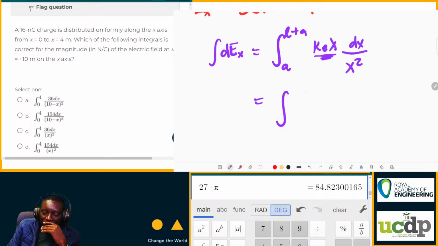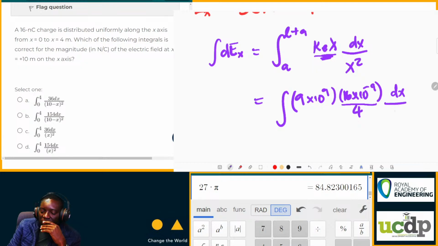While you're still thinking, KE is 9 times 10 to the 9, and lambda is q over L, which is 16 times 10 to the negative 9 over L, where L is from x equals 0 to x equals 4, so it's over 4. Then we have dx over x. In this case, we are not going to just use x squared.